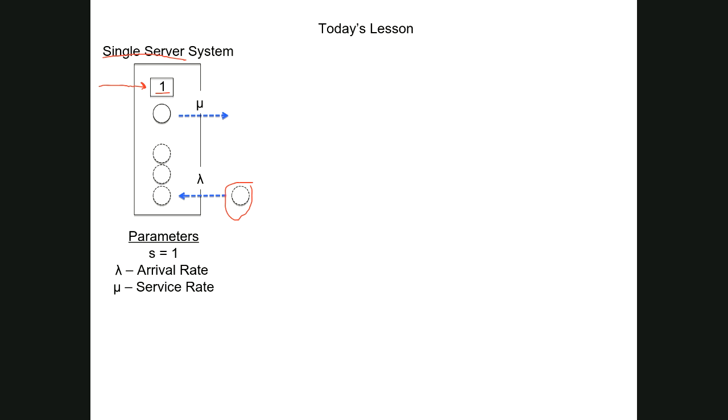The customers enter our system at the rate lambda, and again, lambda is a rate. They wait in line, and then once they receive service, they depart the system at service rate of mu.